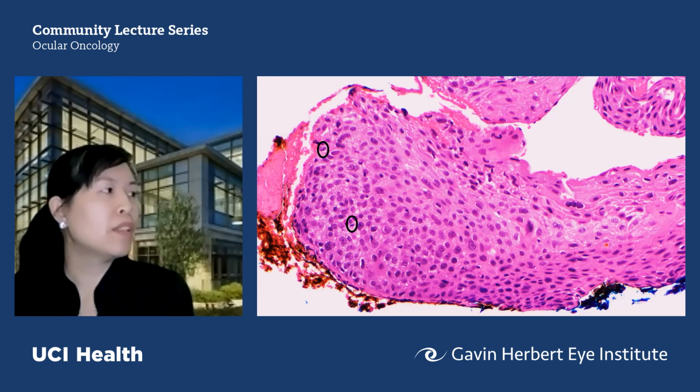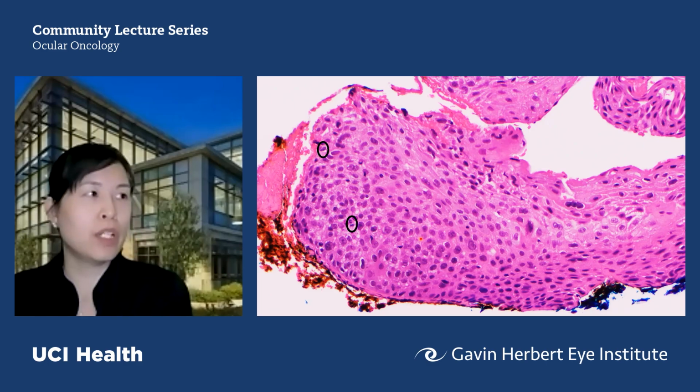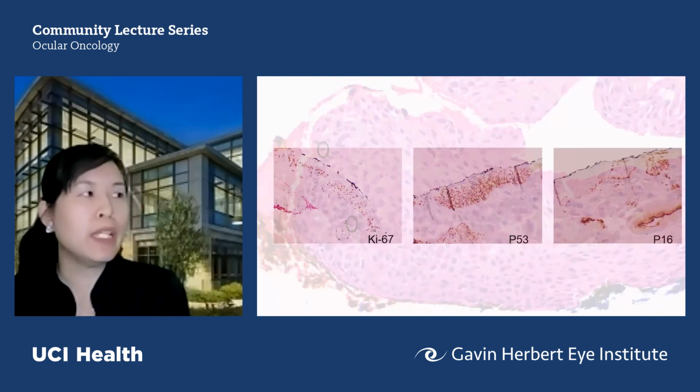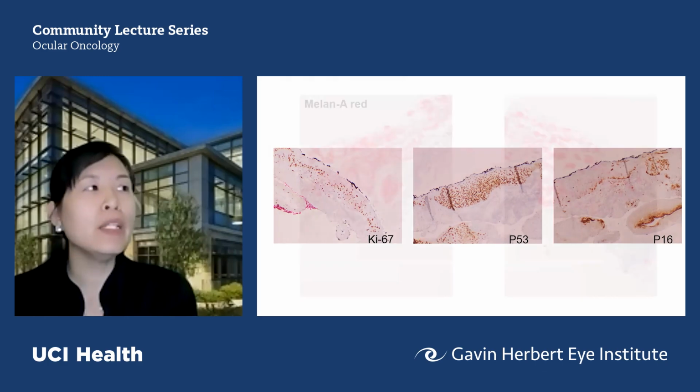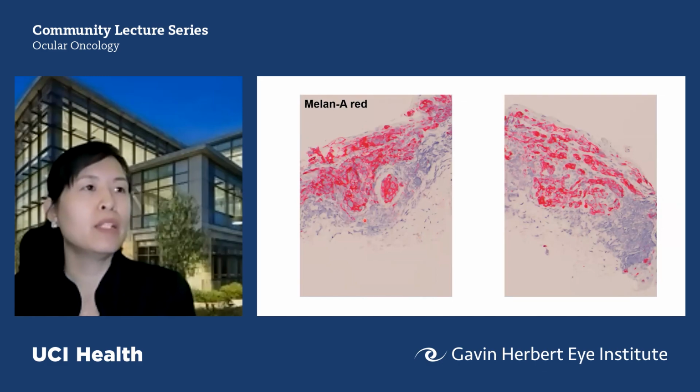So you're looking at two of the cells circled here have particular characteristics that tell us that they're undergoing rapid mitoses, which means the cells are rapidly dividing. And then there are special stains that the pathologist can apply to tell us exactly what kind of cells. So this particular dye here, if the cells are stained red, then that makes us worried about melanoma.